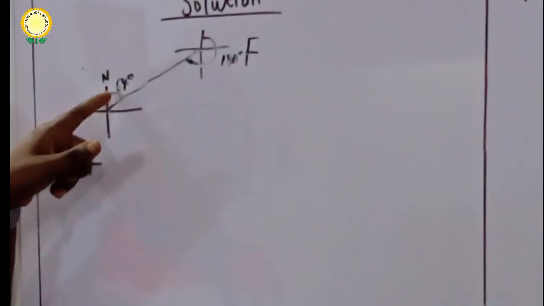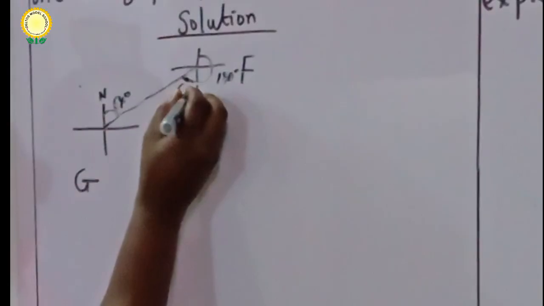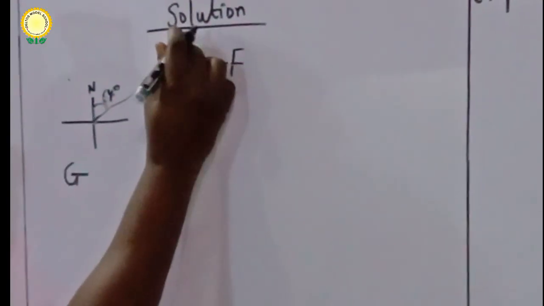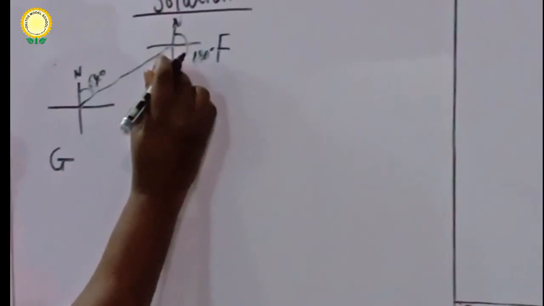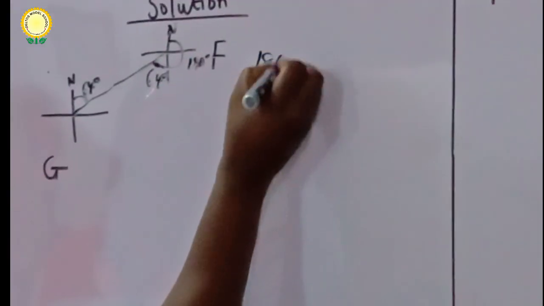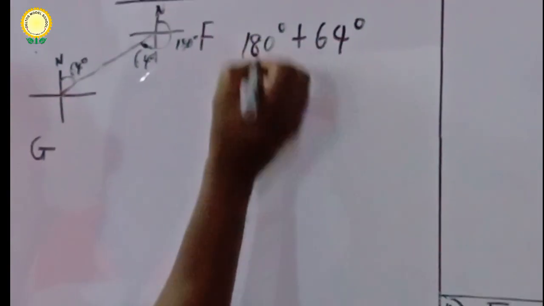The small angle here is alternate to the angle here, which is 64 degrees. So this is also 64 degrees. So what do you do to get the whole angle from the north down to where this line is? You are going to add up 180 degrees plus 64 degrees.